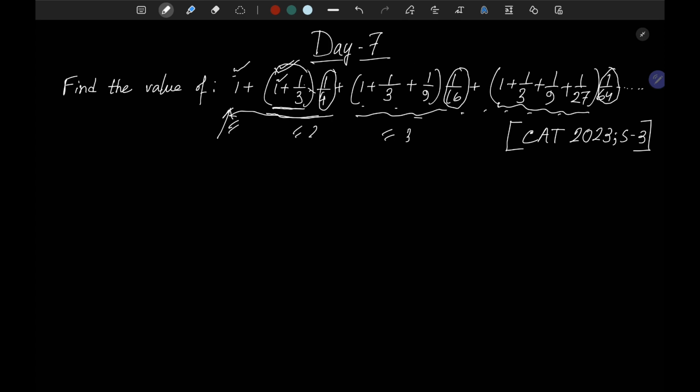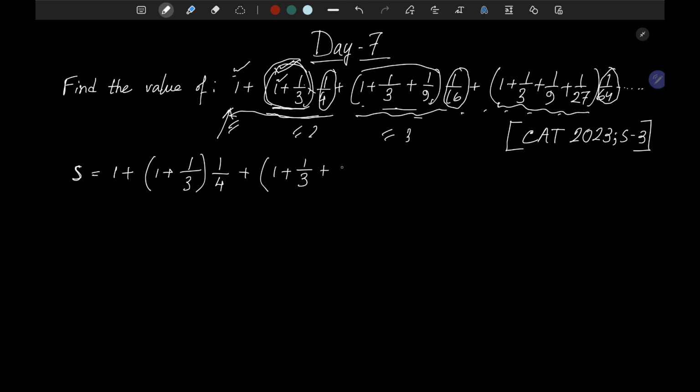If we could subtract this whole thing from this, we could get a term which is a pure product of two fractions. So let's denote this whole sum by S, and our job is to find S. We will figure out a way to subtract the terms from one another so that we get this series in a much easier form.